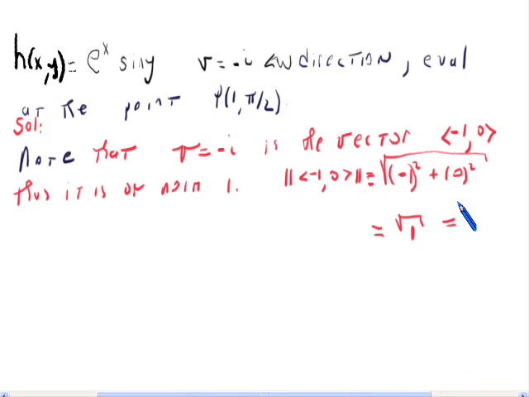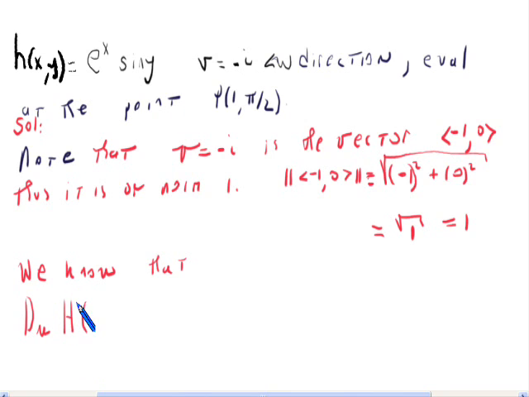So this is equal to 1. So the norm of this vector is 1. So right away, I know that I don't have to normalize the vector v.